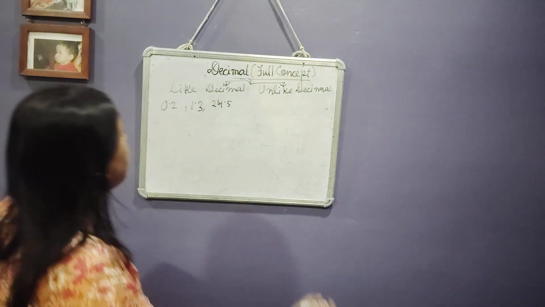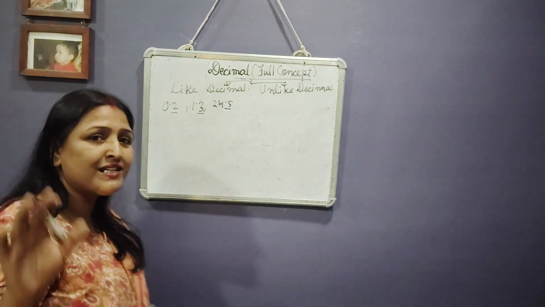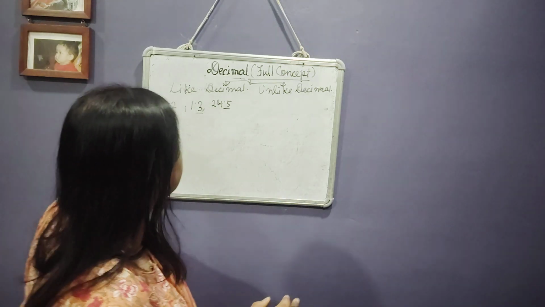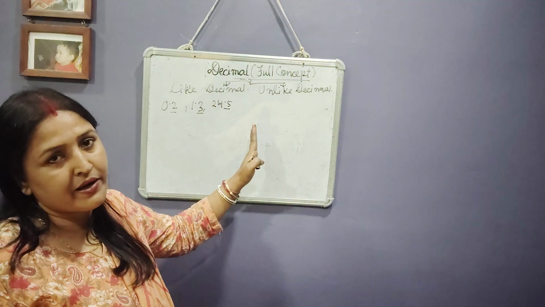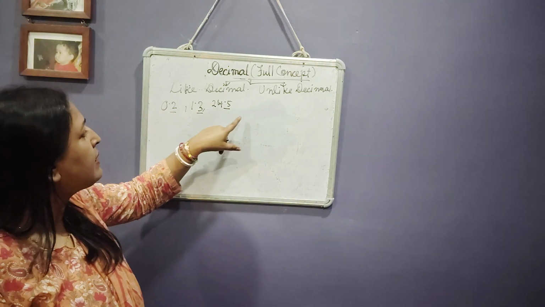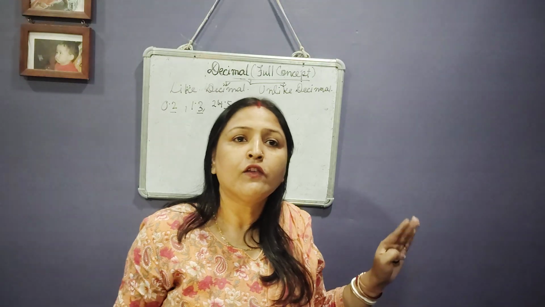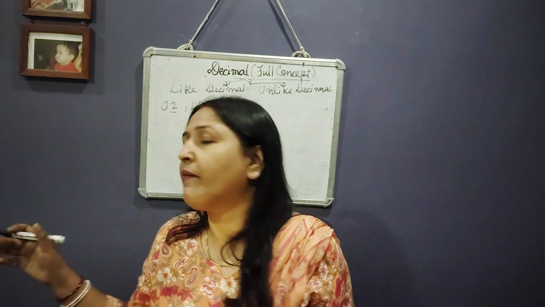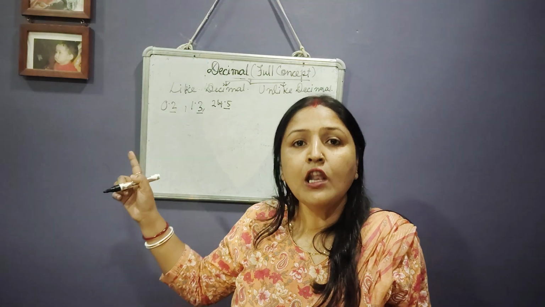You just see the number of digits present after the decimal. You leave the whole part and concentrate on the decimal part. In every number, there is only one digit after the decimal. So numbers which have the same number of digits after the decimal are called like decimals.